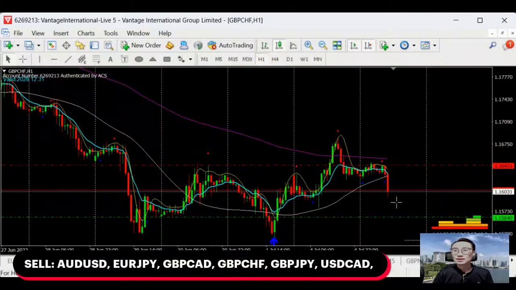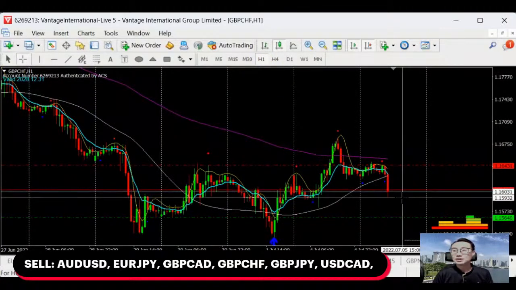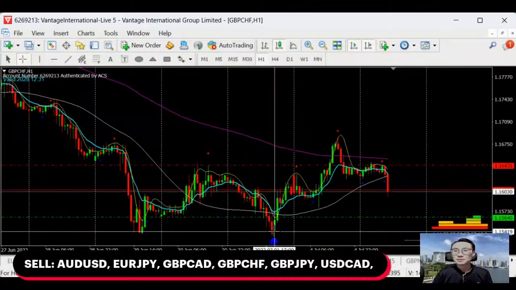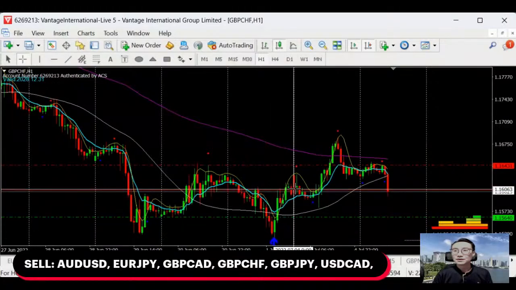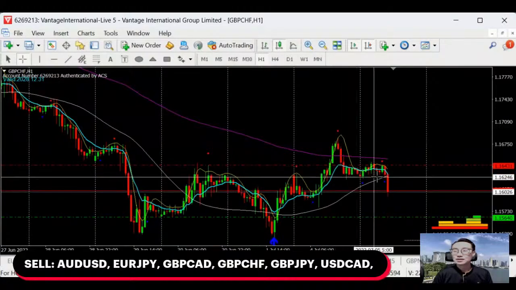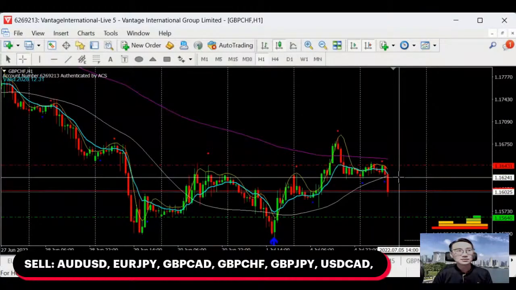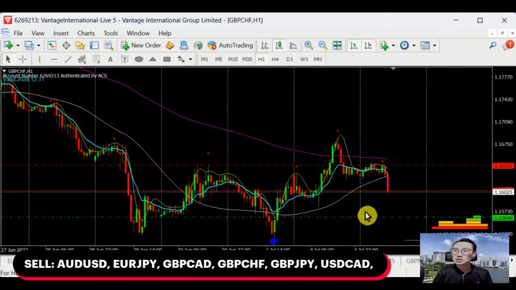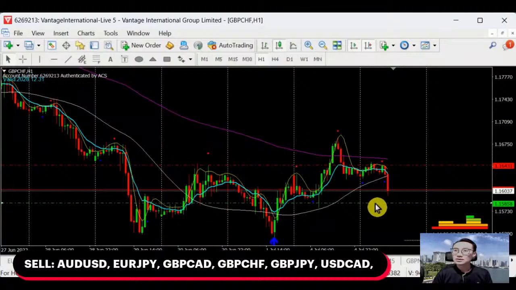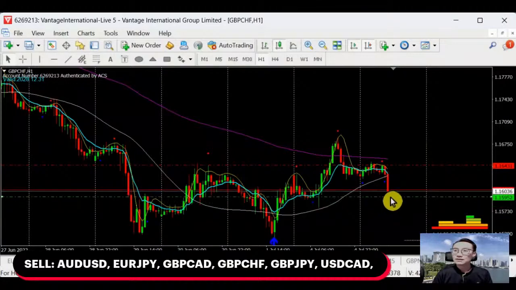So pound franc over here, we are very near to one of the supports. From the base here, we have a higher support, and this has been tested right now. At this area, we are having a higher support, higher low, correct?